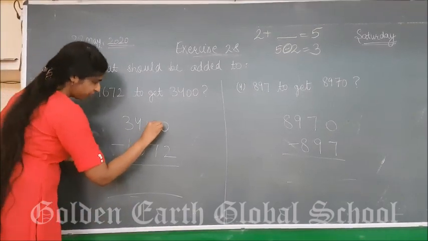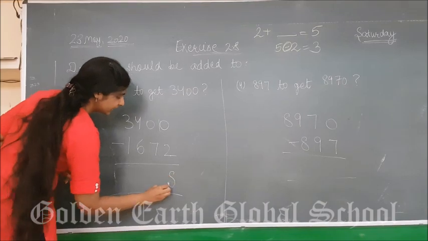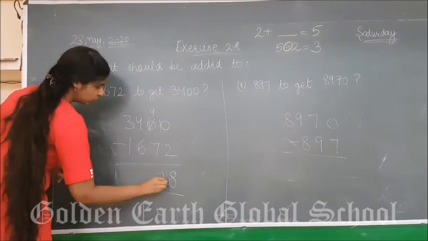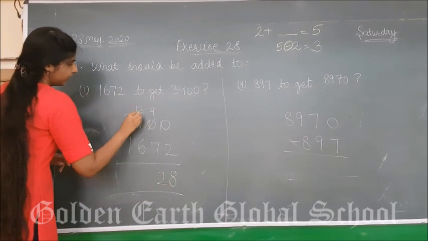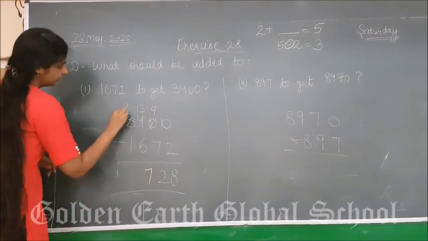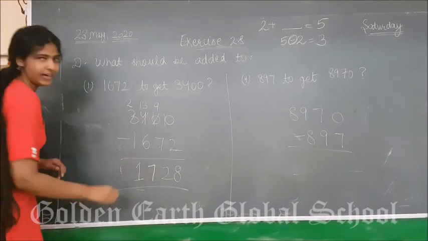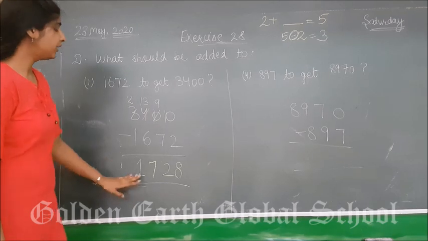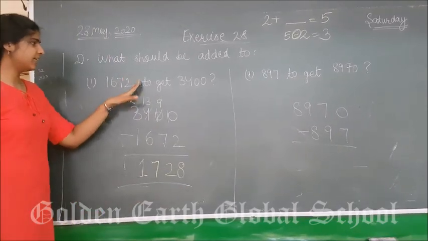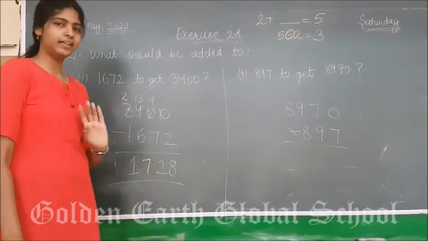So by following the concept of subtraction, 10 minus 2 is 8, 9 minus 7 is 2, 13 minus 6 is 7, and 2 minus 1 is 1. 1728. So we have to add 1728 in 1672 to get 3400. Clear?